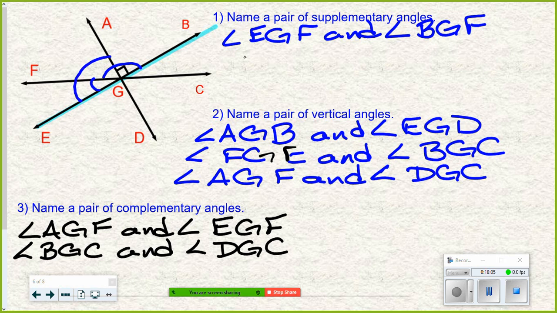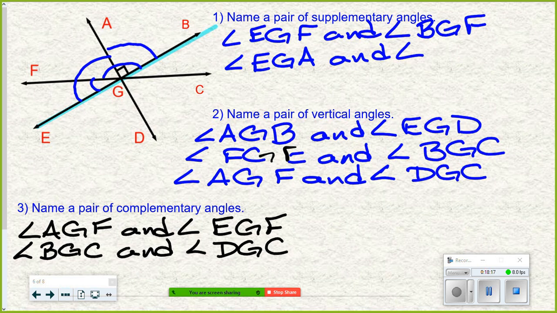That would get me there, right? There are lots of answers to this question. EGA, and then I've got to get the rest of the way around. So BGA or AGB.